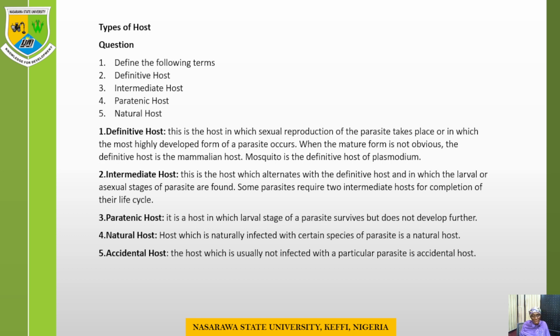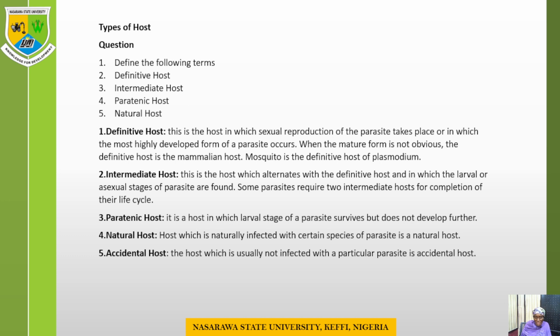Then we have paratenic host. It is the host in which the larval stage of a parasite survives but does not develop further. It ends there. No further life cycle.